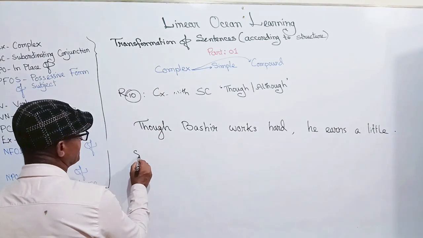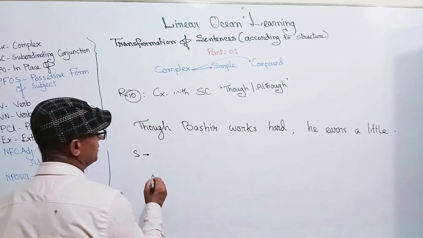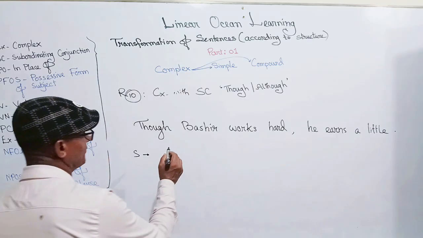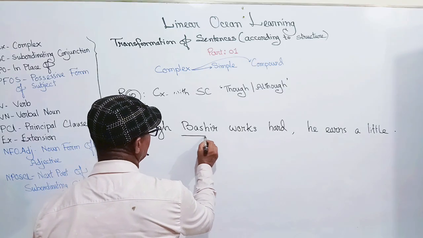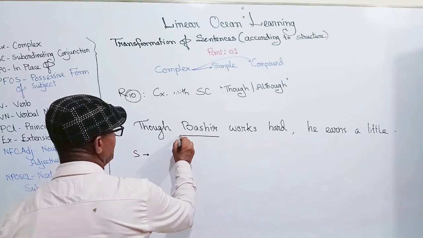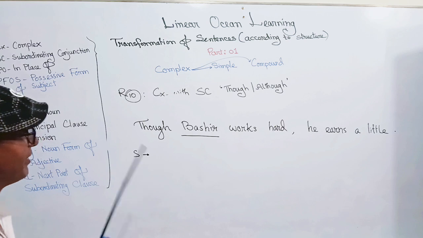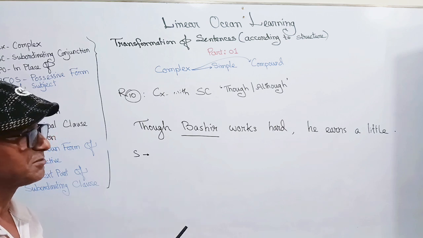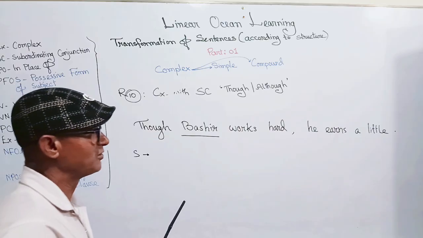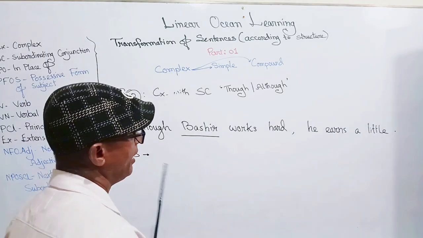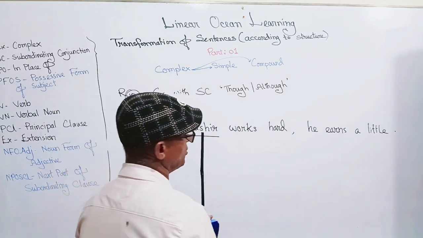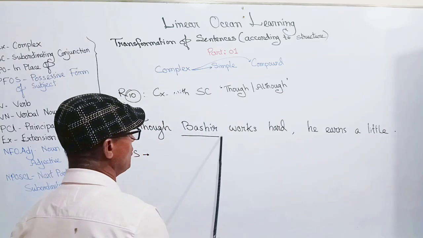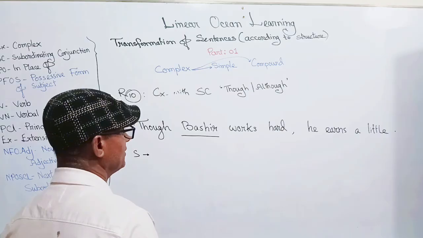If we want to make it simple, one important thing here is that in place of subject in the subordinating clause, we have used a name. If there is a name as subject in the subordinating clause, it is better to put the principal clause in the beginning, and in case of the subject of the principal clause, the real subject, that is the name or noun, will be there.